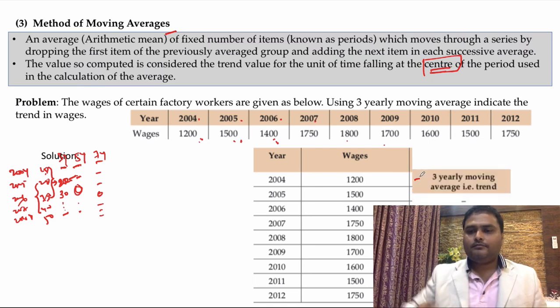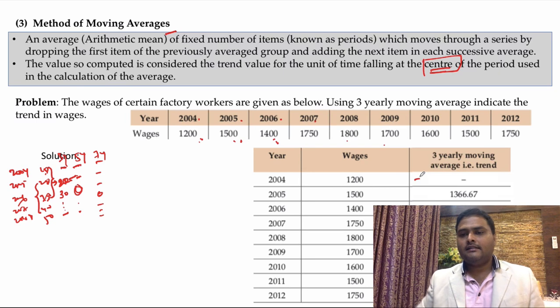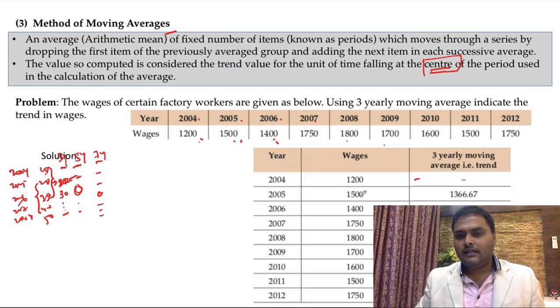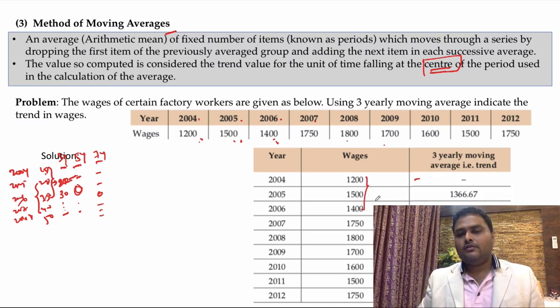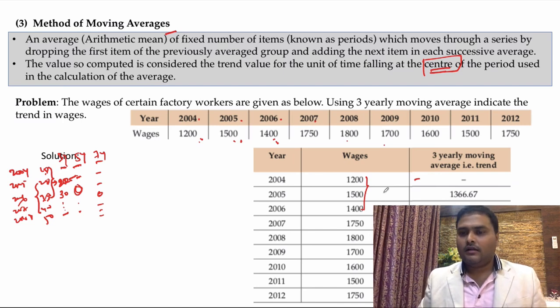Clear? Now, see, I am taking the average: 1200 plus 1500 is 2700, and 2700 plus 1400 is 4100. 4100 divided by 3 is 1366.67.